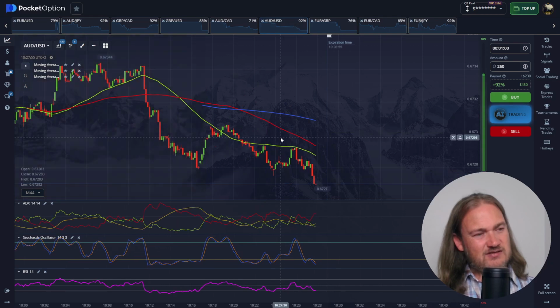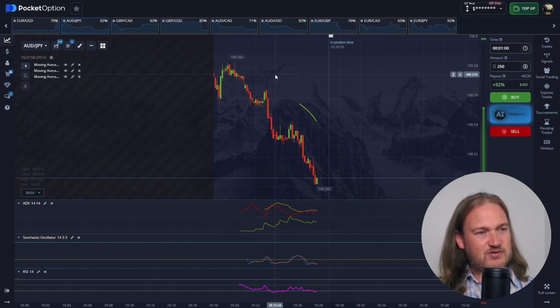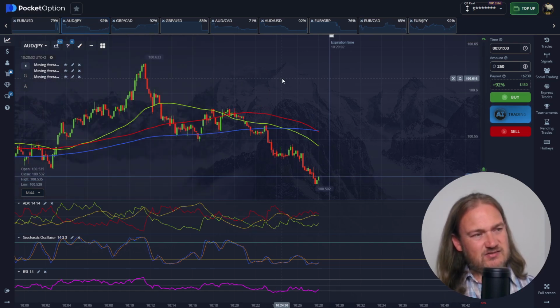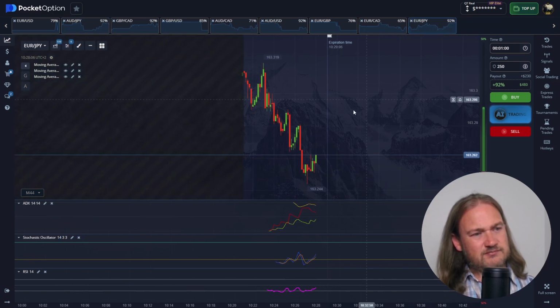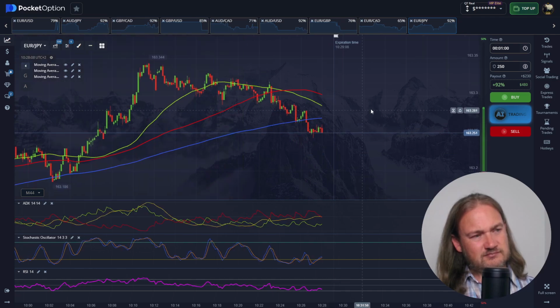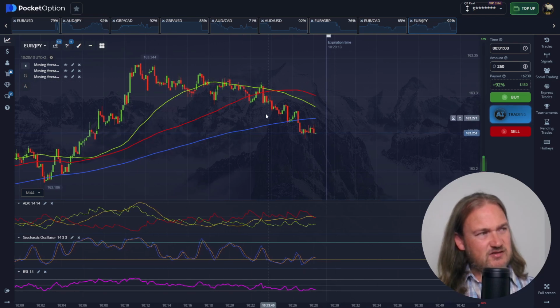See what the other assets are doing. This is trending nicely. I don't really want to jump around between assets. Like I said, I like to stick to one. It looks like it's changing direction as well.